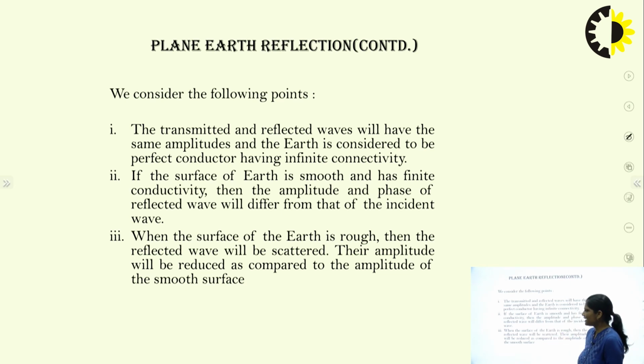The second point is that if the surface of the earth is smooth and has finite conductivity, then the amplitude and phase of the reflected wave will differ from that of the incident wave. And the third point is, when the surface of the earth is rough, then the reflected wave will be scattered and its amplitude will be reduced as compared to the amplitude for the smooth surface. So, these are the three points you should consider for plane earth reflection.